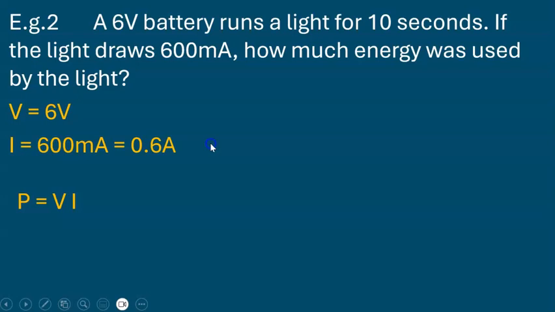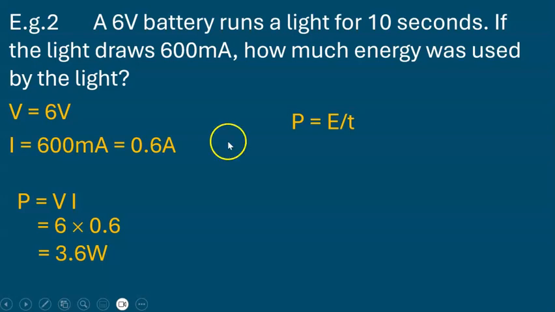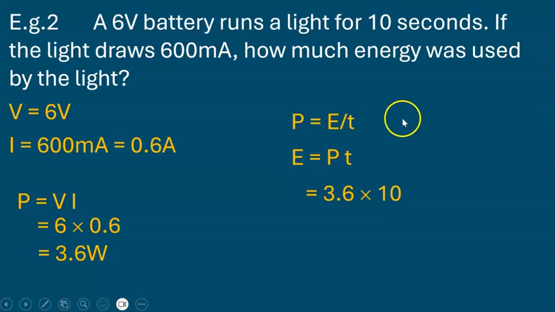Power by definition is voltage times the current, so 6 times 0.6 is 3.6 watts. And power is just energy per unit time, and we want to find out how much energy, so multiply the time across. Energy is power times time, 3.6 watts times the 10 seconds, giving us 36 joules.